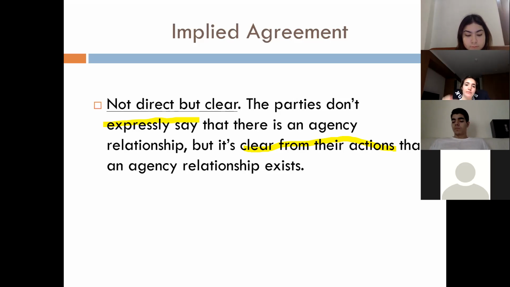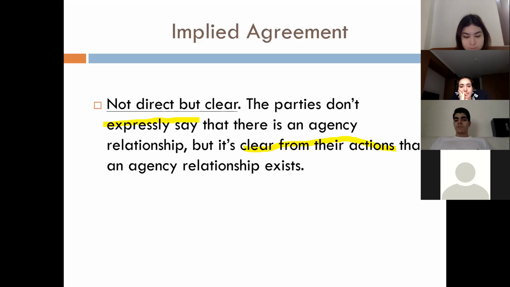But we've seen this before in the law: it doesn't matter what you say, it matters what you do. Now, Carlotta, because you are doing business for me, do I need to pay you? I never said you were my agent. Yes, because you are my agent. This is the reason we need a rule like this.